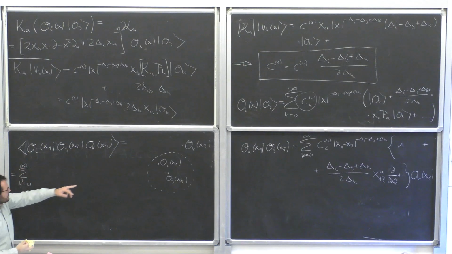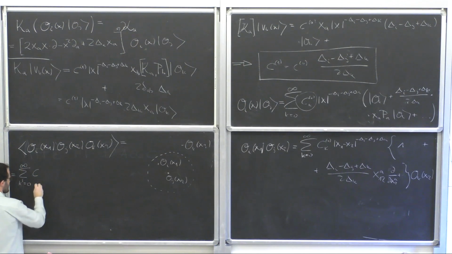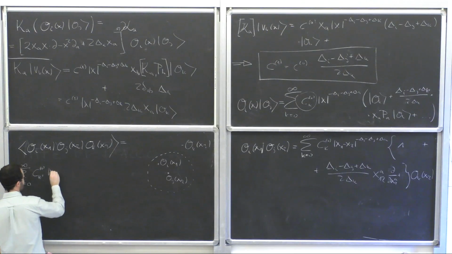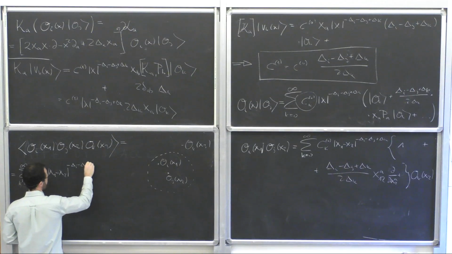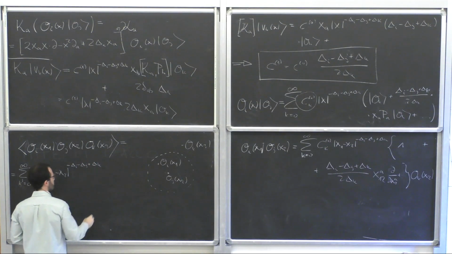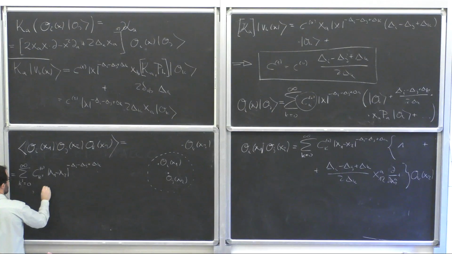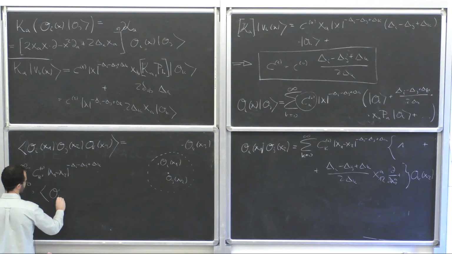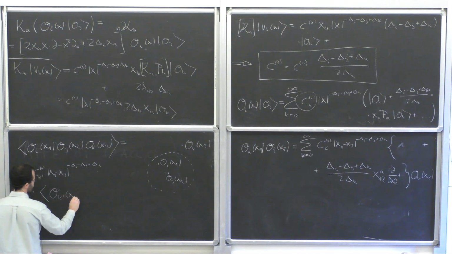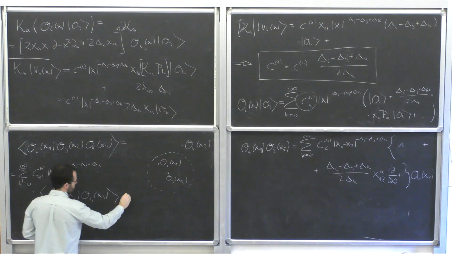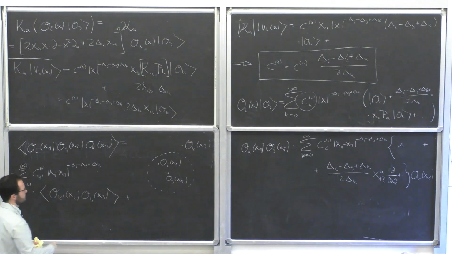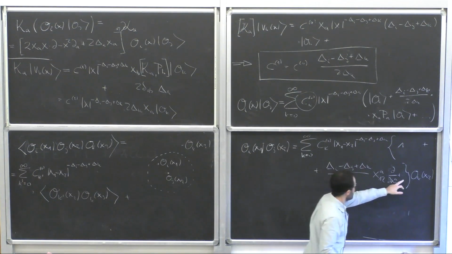So there's a C_k'0 times (x1 minus x2) to the power minus delta I minus delta J plus delta k, and now times the 2-point function of O_k'(x2) O_K(x3), plus all of the other terms coming from this term and the dot dot dot.